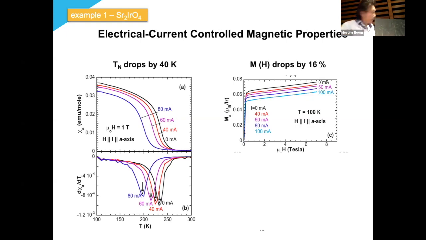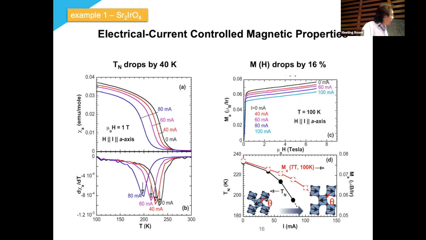All this behavior, we argue, is because the applied current relaxes the crystal structure and reduces magnetic canting. Therefore, we see everything here: reduced Néel temperature and reduced magnetization.